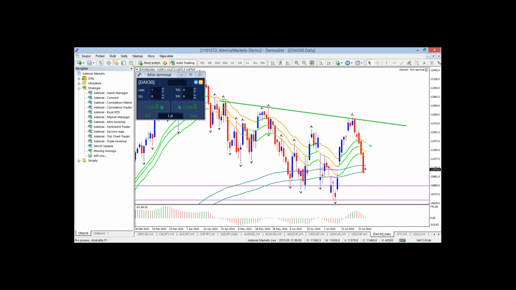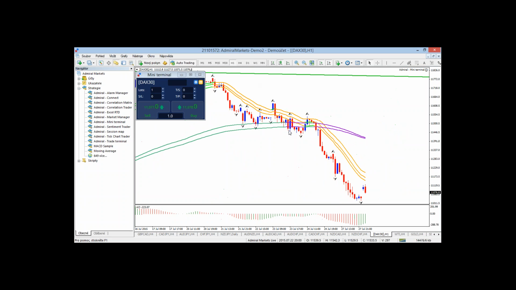I think waiting could be the best, either for a pullback back to resistance, looking for a bounce down, or maybe even letting it go a bit lower for a bounce back up. Ultimately, maybe looking for a breakout, but it could take a while before a breakout happens. So bounce up or down might make the most sense. Let me take a look at the hourly.